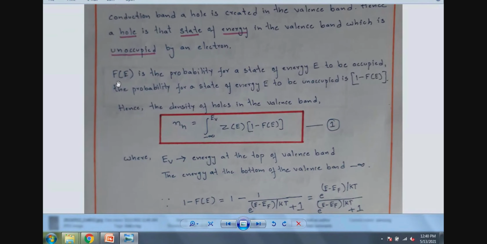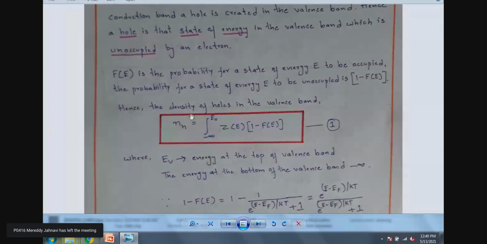So f of E is the probability for the state of energy E to be occupied, and the probability for the state of energy E to be unoccupied is 1 minus f of E. That means before recombination, the hole is unoccupied, so we write 1 minus f of E. That is the only difference between electrons in the conduction band and holes in the valence band.